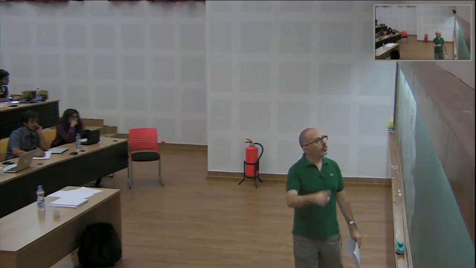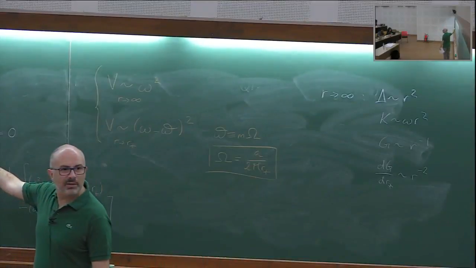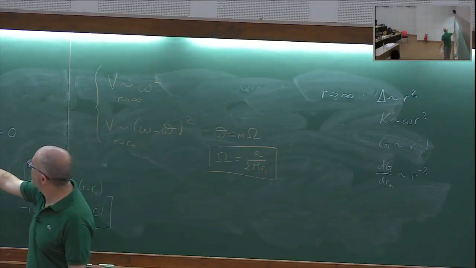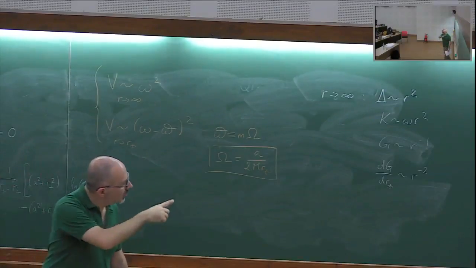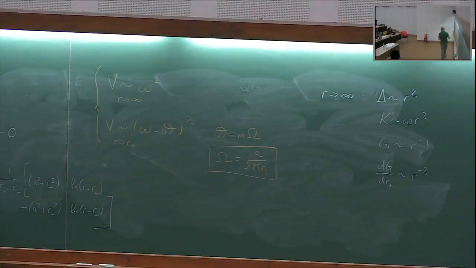And so if you put all these pieces together, you will see that G squared goes like 1 over r squared, so it will go to 0 in the limit as r goes to infinity. This guy will go like 1 over r squared, so I can ignore it. Here, I have k squared.